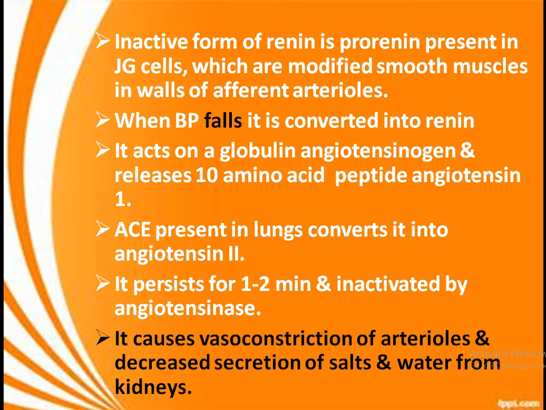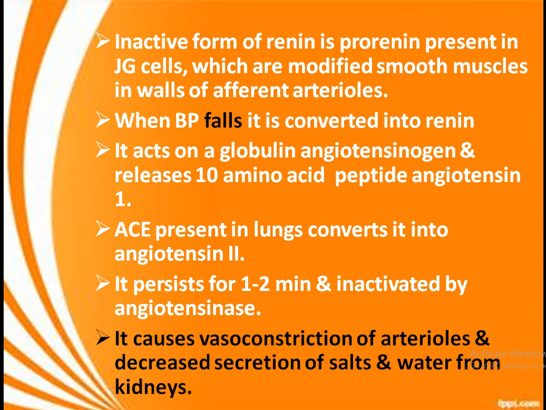So to maintain its optimum range of the blood pressure, the kidney is very much helpful. Through the renin and angiotensin mechanism, if there is decrease in the blood pressure, the kidney is going to cause vasoconstriction and also decrease in the salt and water excretion.